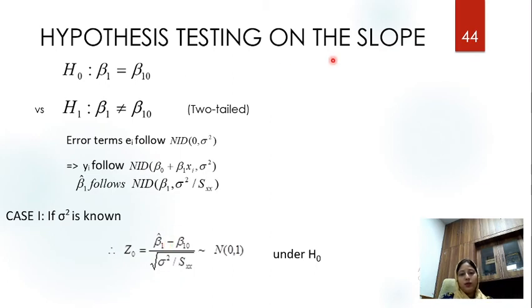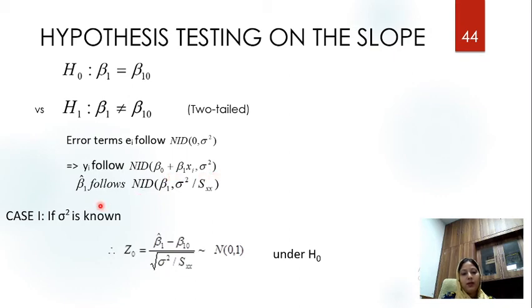Hypothesis testing on the slope. H naught: beta 1 equal to beta 1 naught, against the alternative, which is two-tailed, beta 1 not equal to beta 1 naught. We assume the error terms follow a normal distribution with mean 0 and variance sigma square. This implies that yi follows NID, with beta naught plus beta 1 xi being the mean and constant variance sigma square.